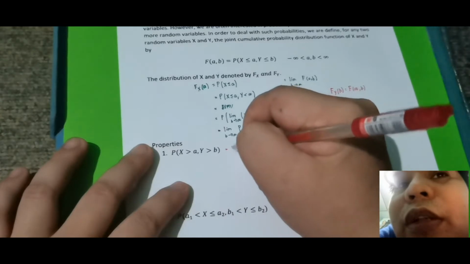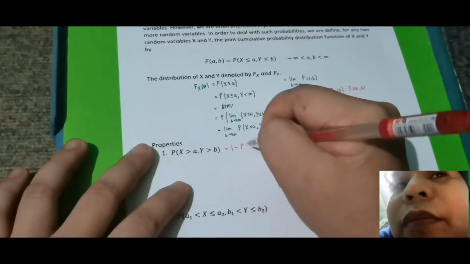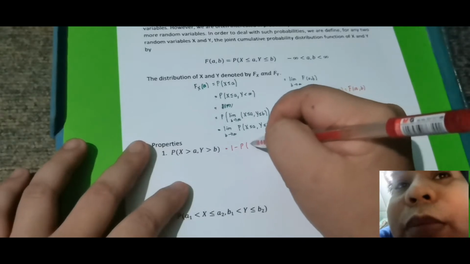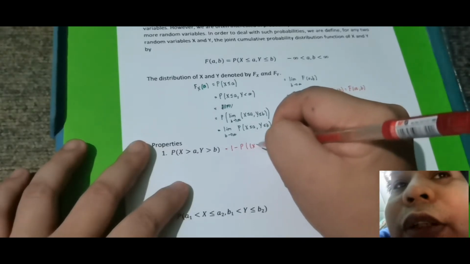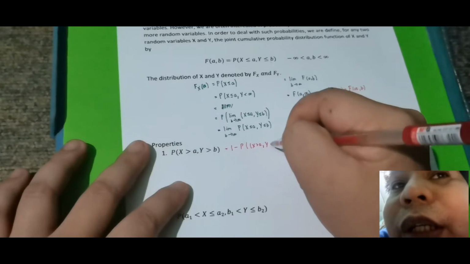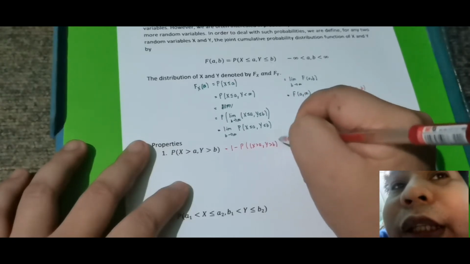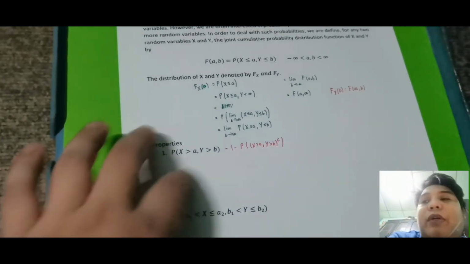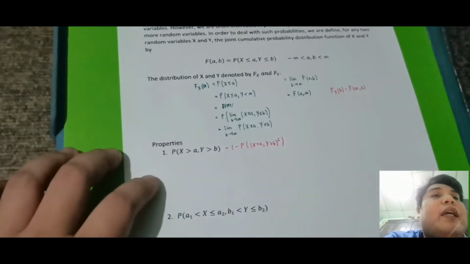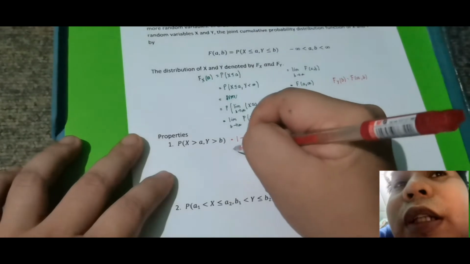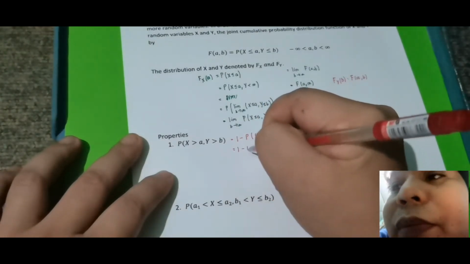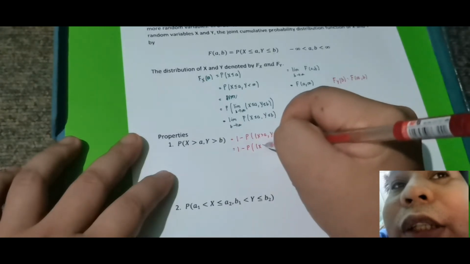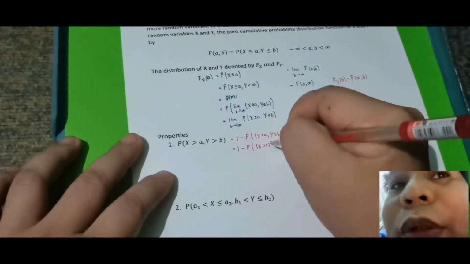Kung greater than both sides, siyempre, apply natin yung application ng complement. So this is just equal sa 1 minus the probability ng, sulat natin sa loob, no? The probability of X greater than A, comma, Y greater than B, then complement sa loob. Kasi siya yung event. Okay, now, as we complement yung nasa loob, anong mangyayari? So this is just equal sa 1 minus the probability ng, una is X greater than A, complement.